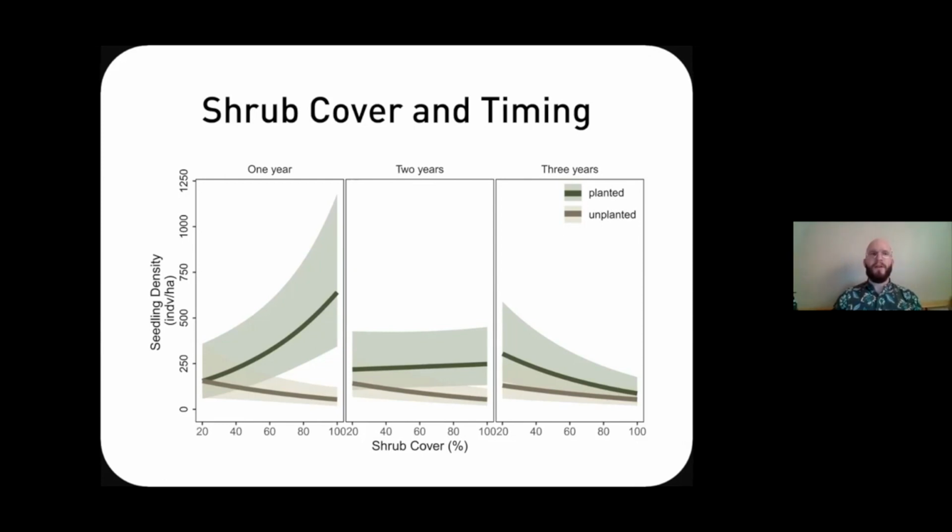But if you get in there quick and plant trees, those trees can get just enough of a head start to take advantage of those high resources and overtop the shrubs. That can occur most in the first year, but also in the second year after fire. But what's interesting is in the third year, I think that you've missed the boat, that you don't give it enough of a head start by planting there.